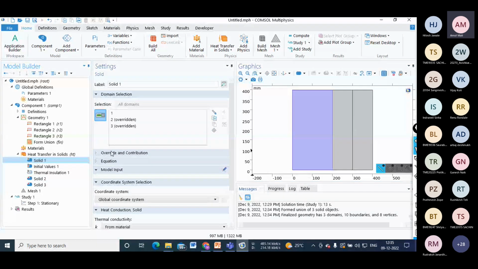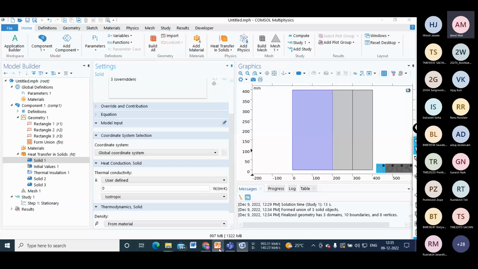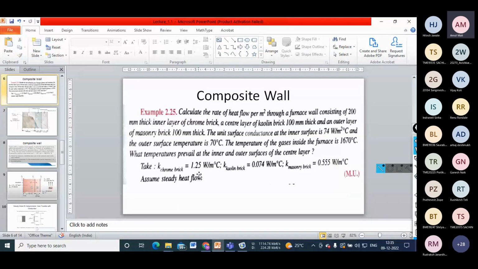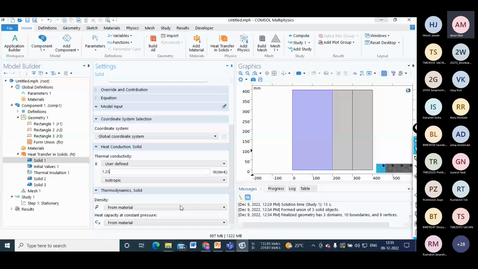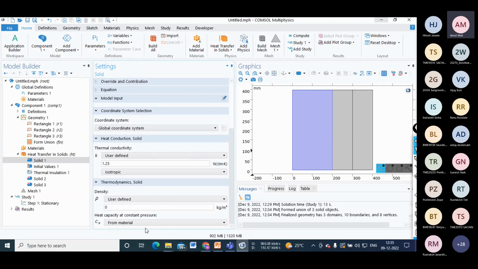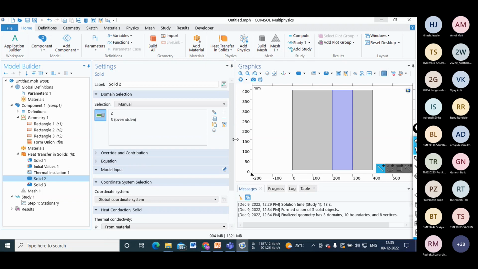Okay, so I will give material properties to solid 1. User defined. How much is the thermal conductivity of the inner material? 1.25. So I will provide 1.25 here. And the density of that material is 0. Next, material 2.